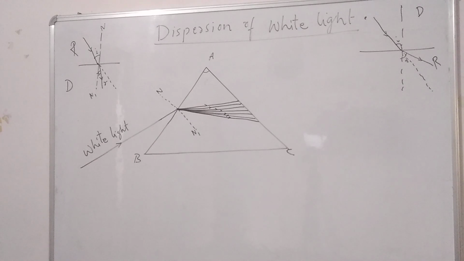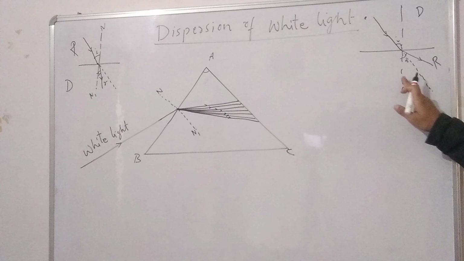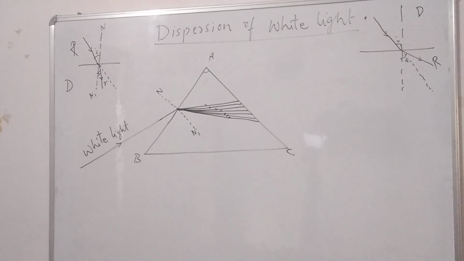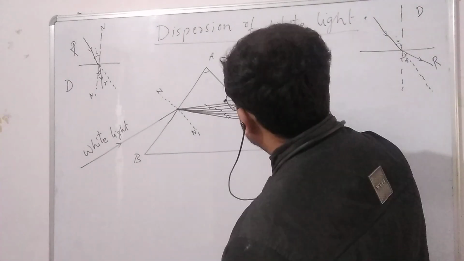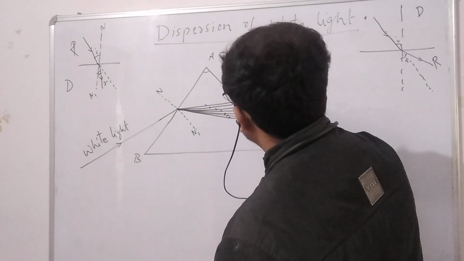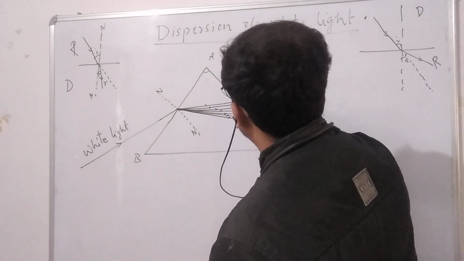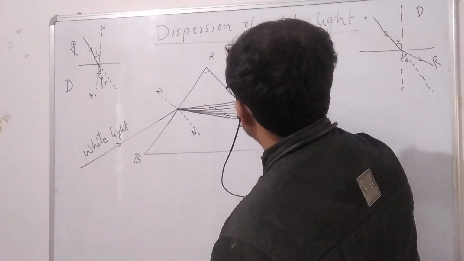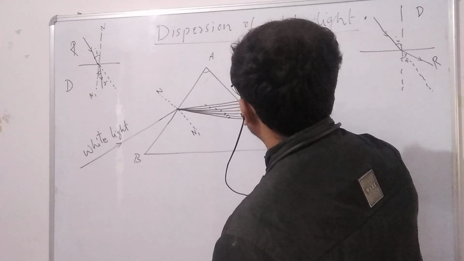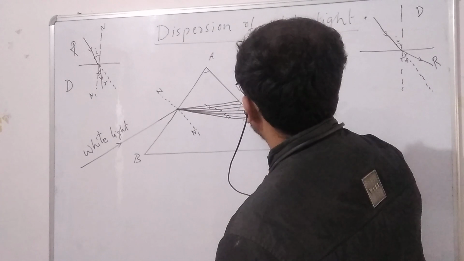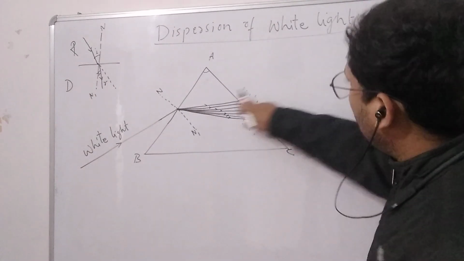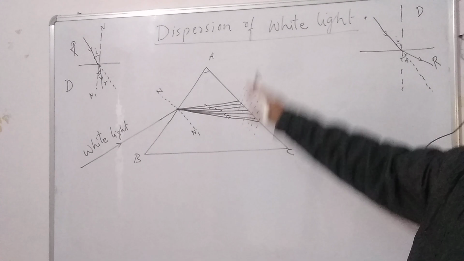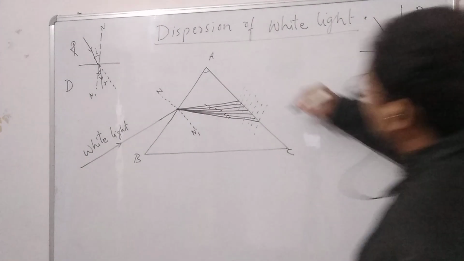That is, when it passes from denser to rarer medium, it bends away from the normal. The same thing we will apply here. For every ray of light, you can consider a different normal line. Now instead of following its original path, it will try to bend away from the normal.